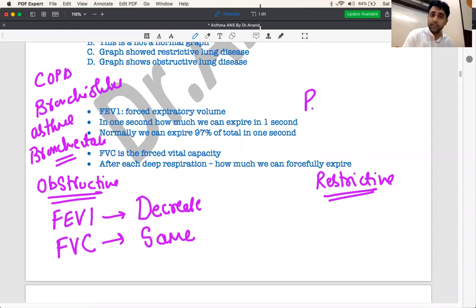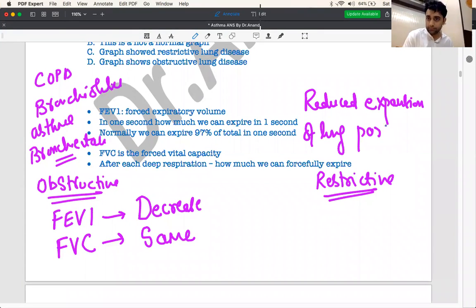Restrictive lung disease means where there is reduced expansion of the lung parenchyma. I'll tell you, Dr. Hamid, why. Restrictive lung diseases are the ones with reduced expansion of the lung parenchyma.